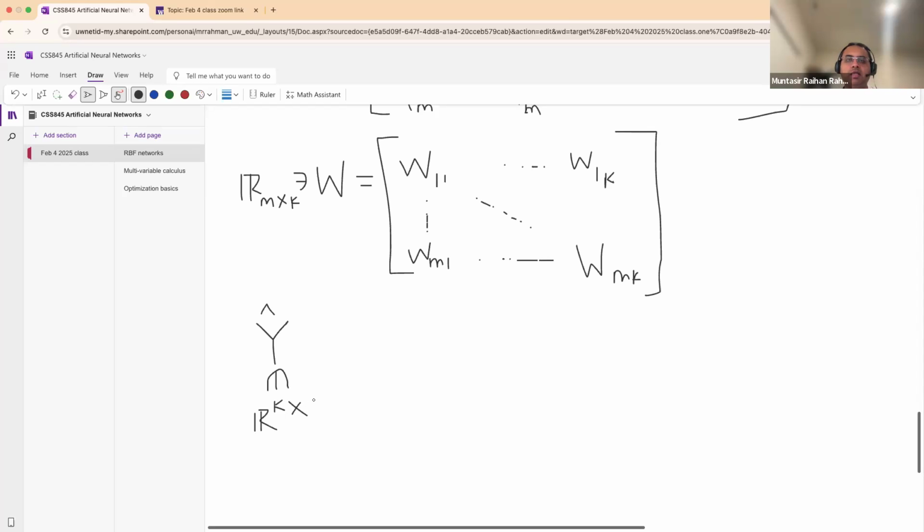That's why this is going to be a K by N matrix. This is what it should look like. We're going to have Y1,1.